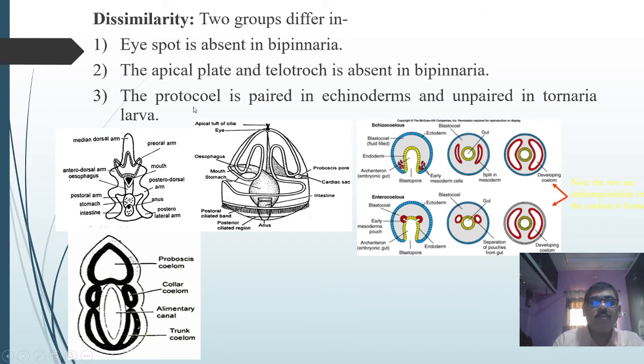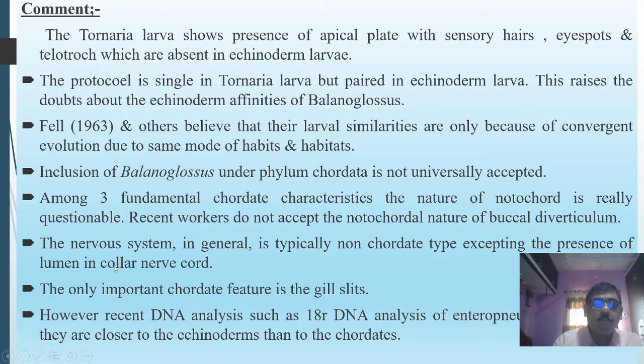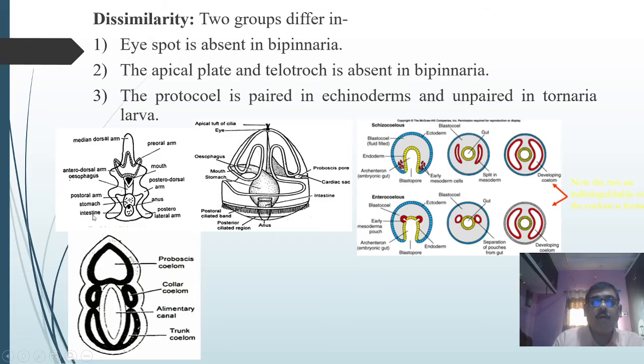And the protocoele, which means proboscis coelom. If you observe the proboscis coelom in the Tornaria, or during the development of Balanoglossus, it is unpaired. It remains as a single cavity.